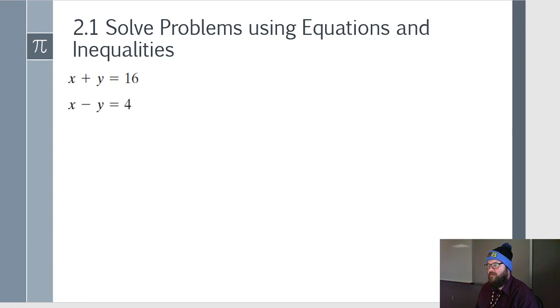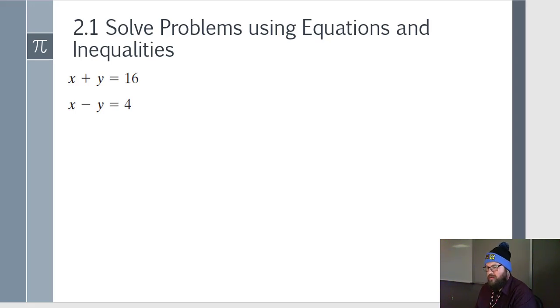Alright, so the two equations we've got are x plus y equals 16 and x minus y equals 4. So I'm going to take one of these and solve for a variable. It doesn't matter which variable you solve for first. You could solve for an x in this one or a y to start out with. Okay? So let's do this.